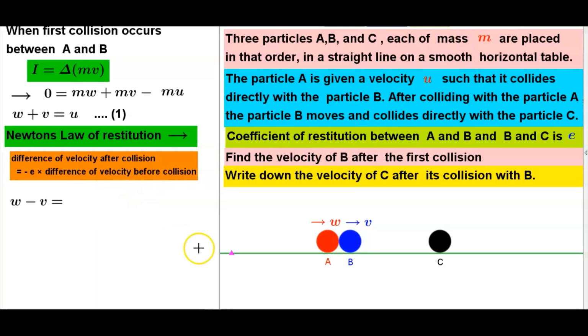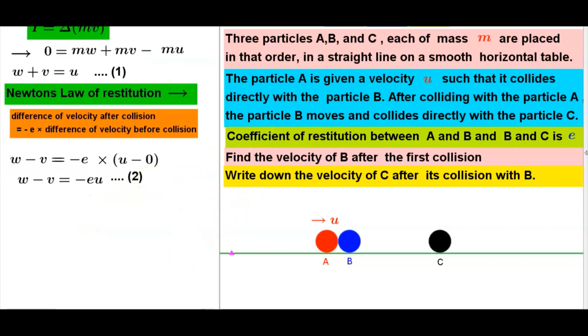After collision the difference is W minus V, and before collision it is u minus 0. Therefore, W minus V is equal to minus E u. This is equation number 2.